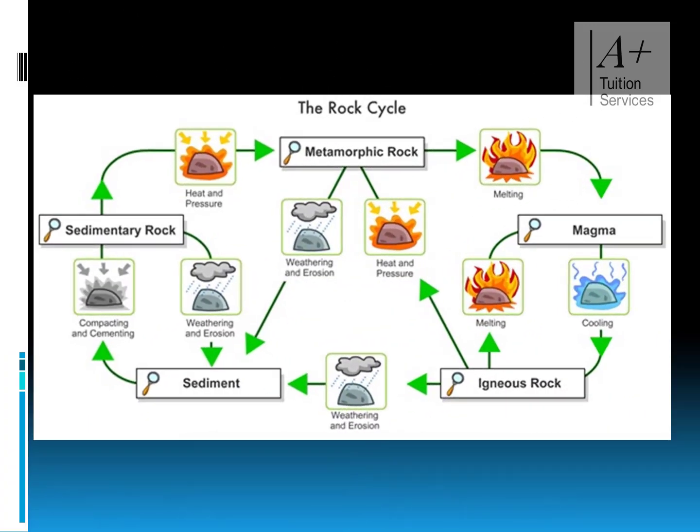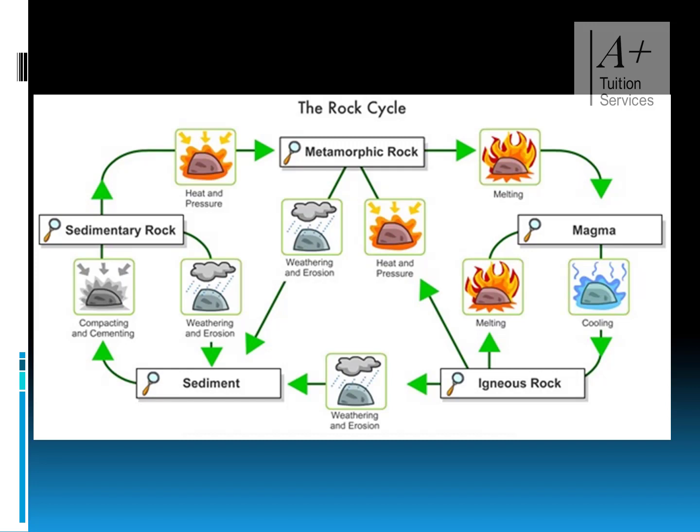Here we have the rock cycle drawn for you, right? So we can see the different processes we talked about just now. If you look on your screen, we have the metamorphic rock. Metamorphic rock can melt and form magma. The melting of this rock forming magma can cool and form an igneous rock, which can also remelt and become magma.